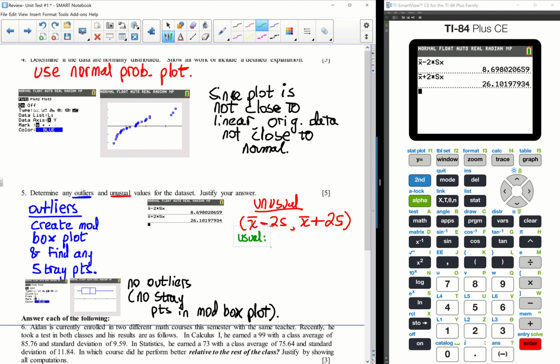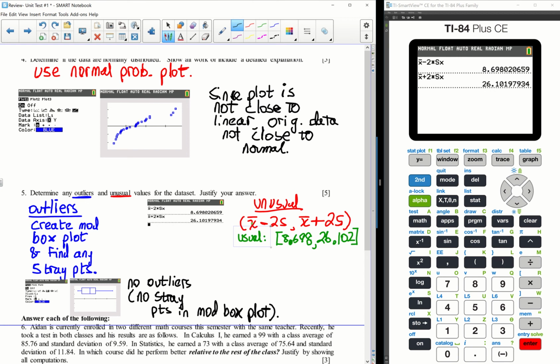That's going to be the interval of 8.698 to 26.102. All right, those are the usual values. So anything that falls outside of that interval would be considered unusual.